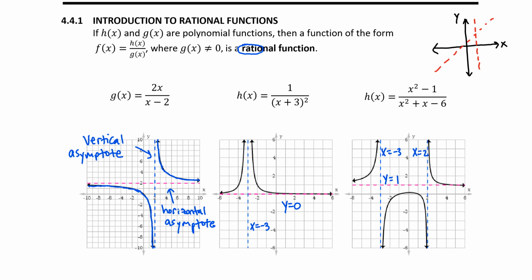So the graph may do something like this up here and maybe something like this down here. For our purposes, we're going to study vertical and horizontal asymptotes only in this section. So stay tuned for more information. They look intimidating, but you might find out that graphing a rational function is even easier than graphing a polynomial function.